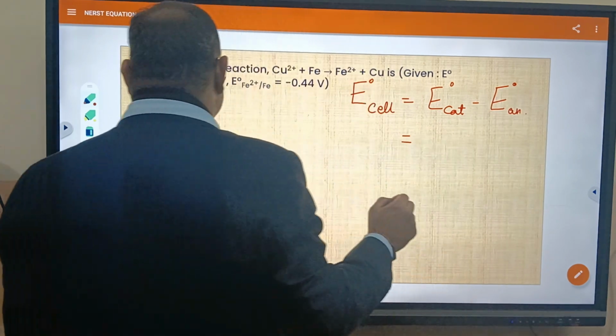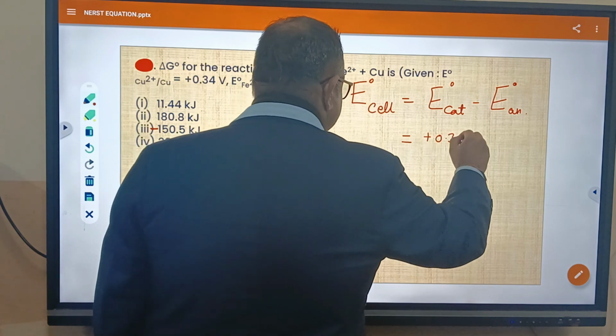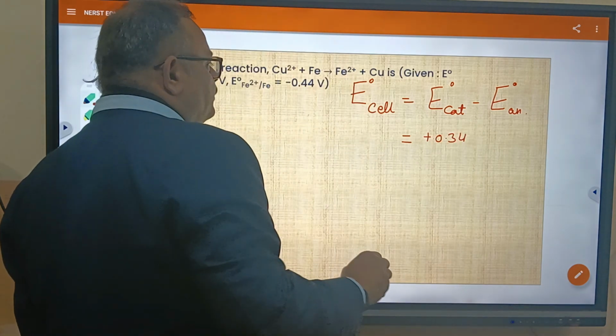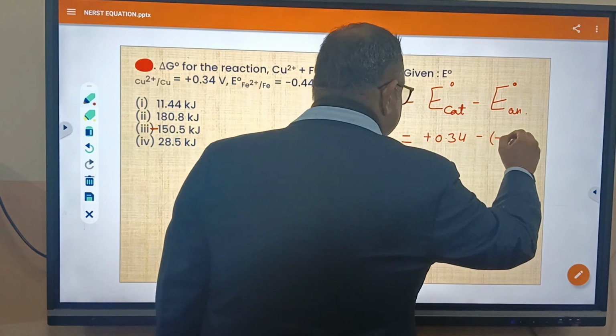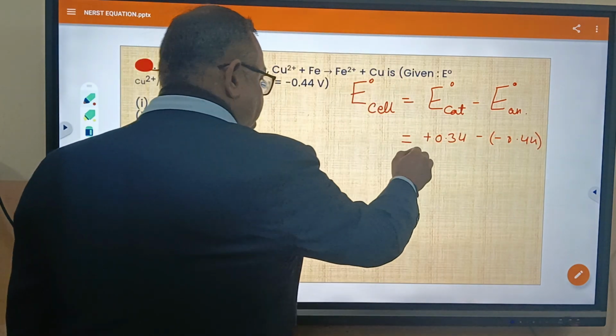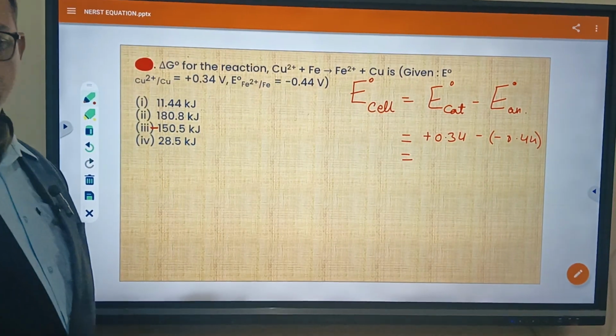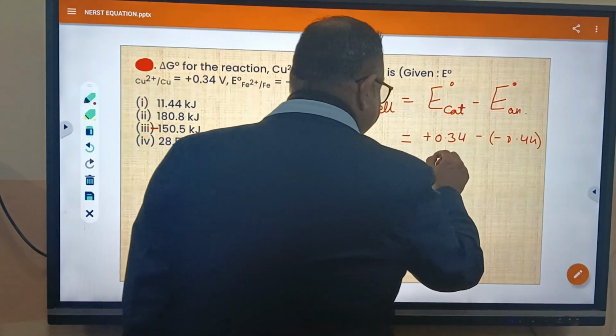Now we have the value of the cathode half cell given as plus 0.34 and that for the anode half cell as minus 0.44 volt. On further solving this, we come out to the conclusion that the answer is 0.78 volt.